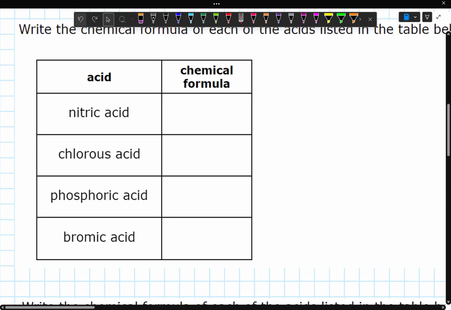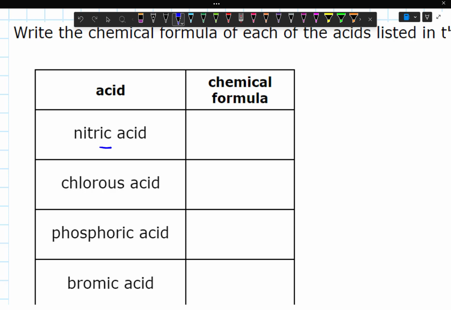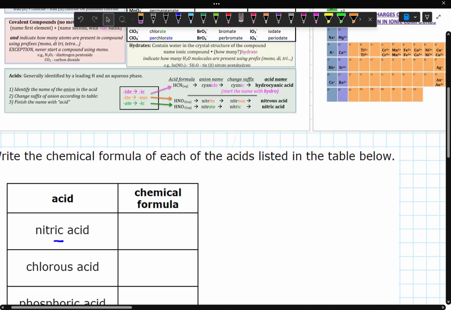So let's get into this. We start with nitric acid. For nitric acid we have our ic suffix, so we know that this could be dealing with an ide or an ate suffix.